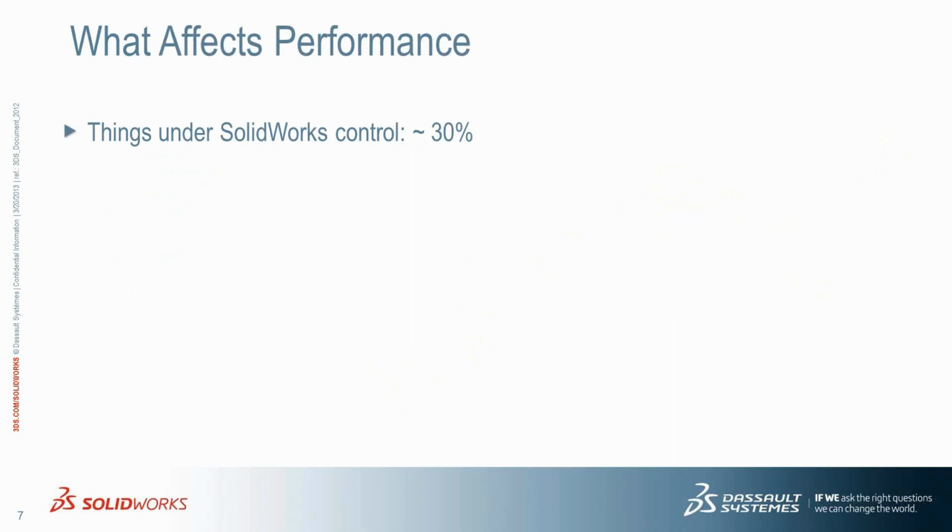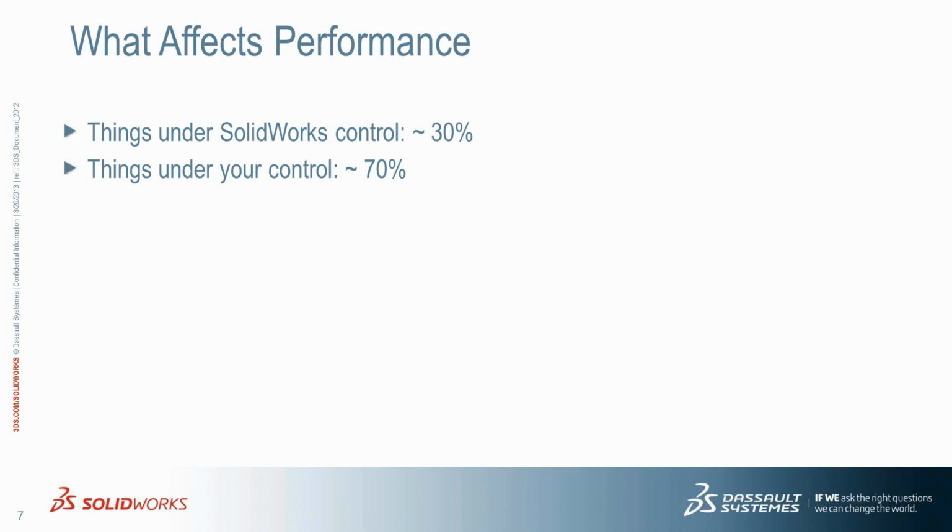Now here's the reality of the problem. Things under SolidWorks control, things that SolidWorks affects, is really only about 30% of the problem. Things that you control are really 70% of the problem, and that's what our conversation is going to focus on today. What can you control in this scenario? Obviously, you can't make the lines of code in SolidWorks faster.